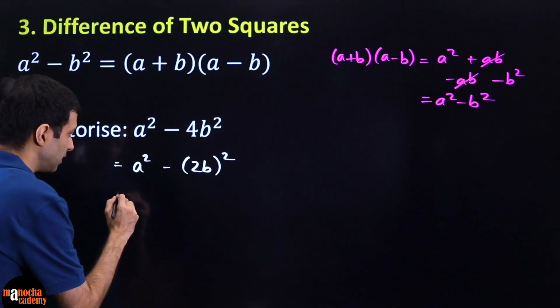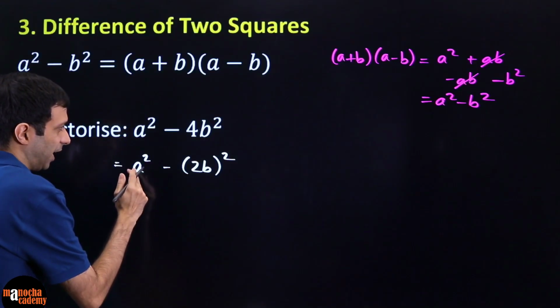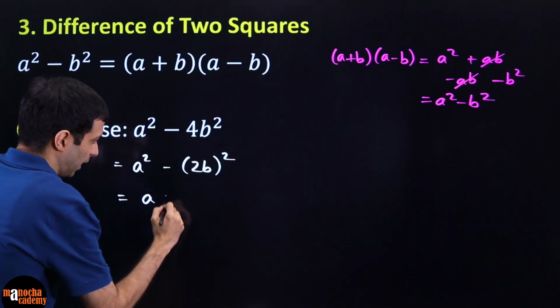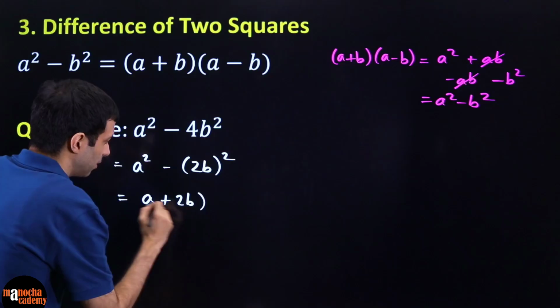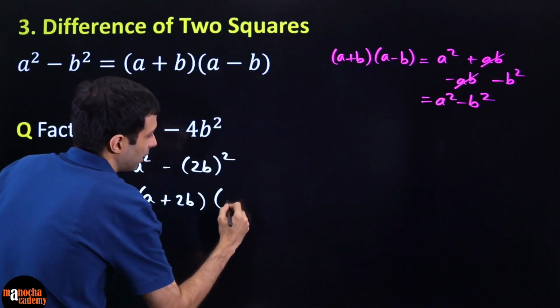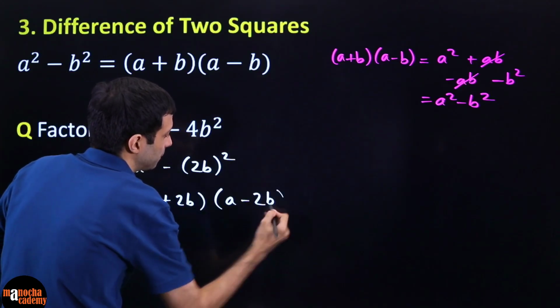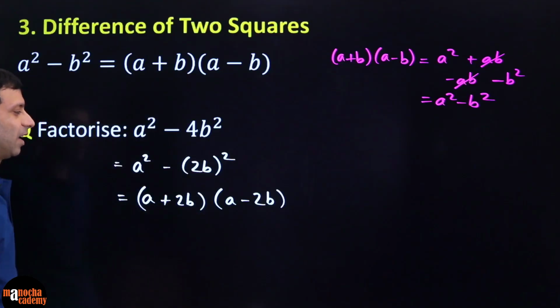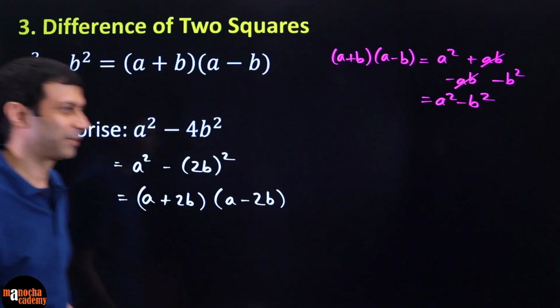So what is it going to be? Say it in your mind. A plus b or x plus y. So a plus 2b times a minus 2b. So you have to take this term plus this term, times this term minus this term, and there you can see we have it.